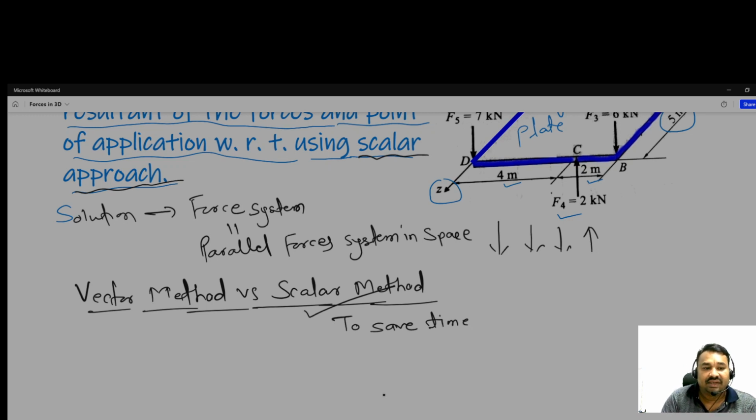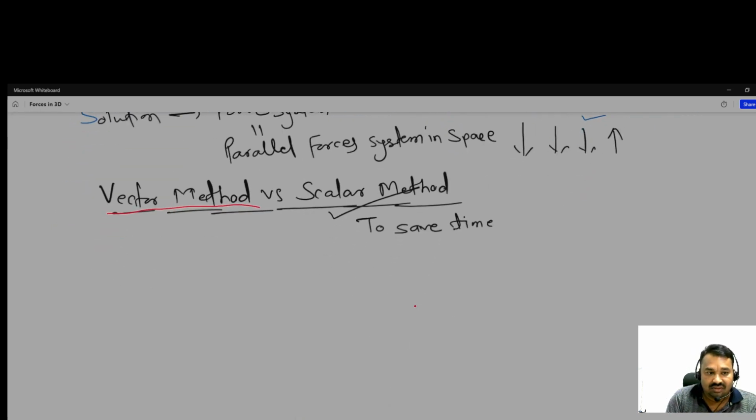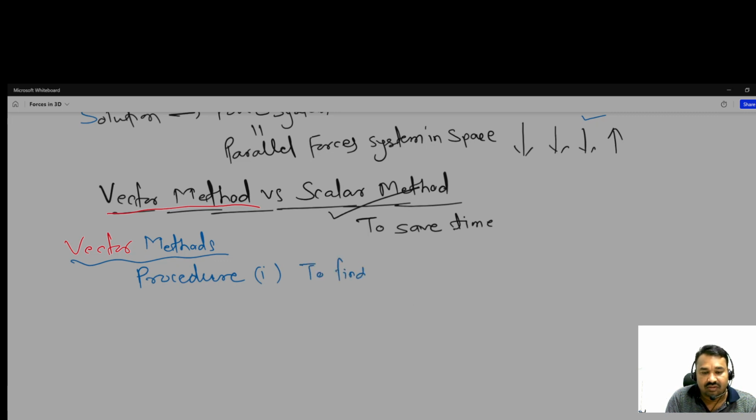Suppose it is asked to opt for the vector method. So what are the steps in the vector method? The procedure here: first is to find the coordinates.